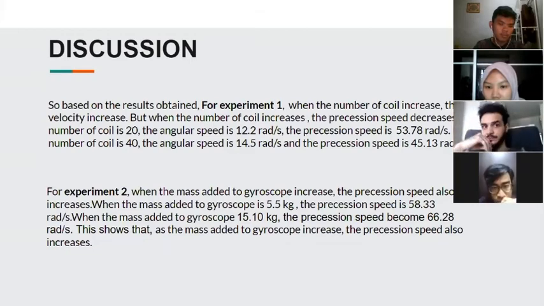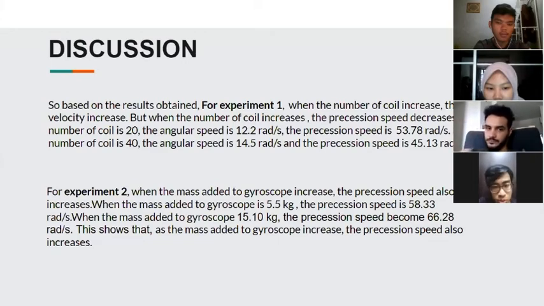But when the number of coils is 40, the angular speed is 14.5 radian per second, and the precession speed is 45.13 radian per second. This shows that when the number of coils increases, the angular velocity increases, but the precession speed decreases.